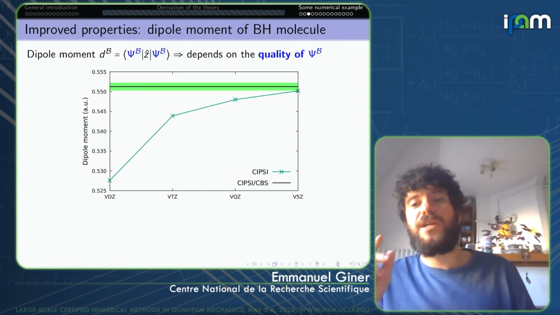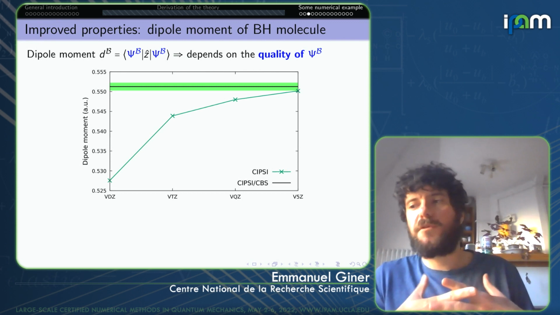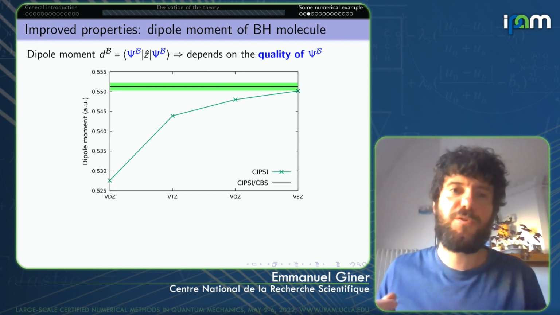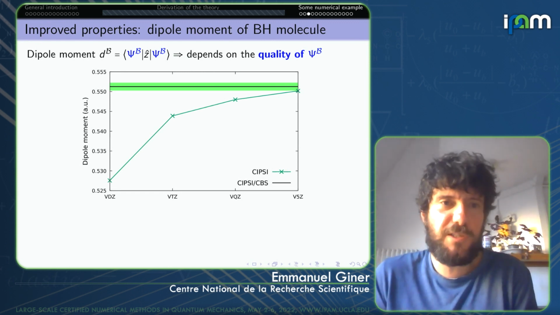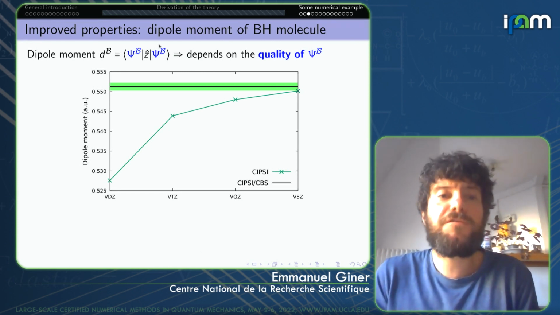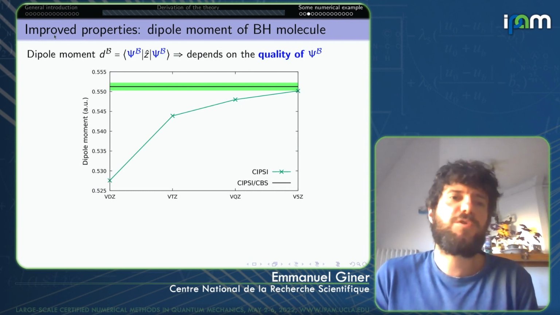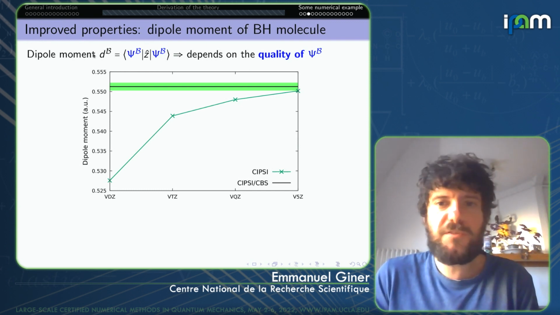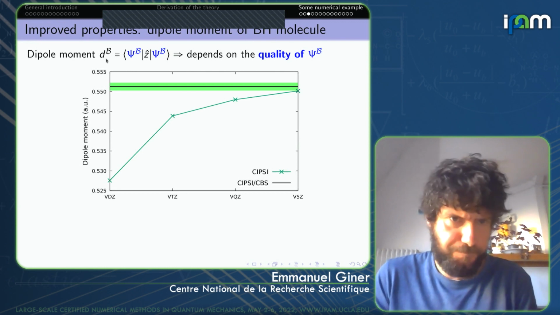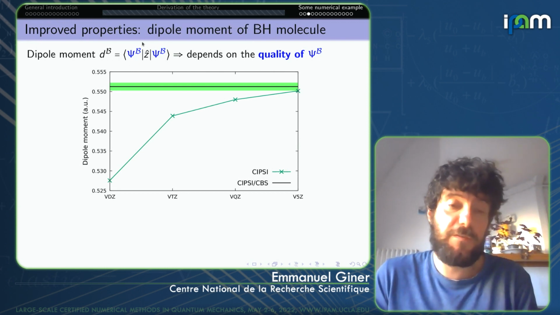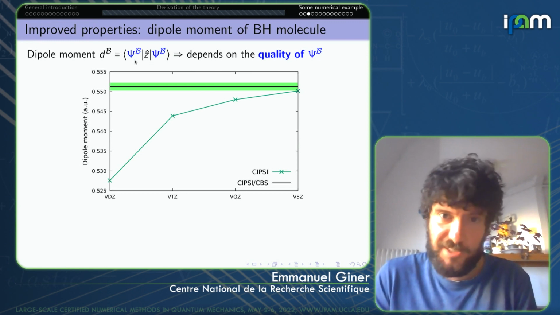Now we have been able to correct for the energy, that's good, but we also want to improve the quality of the wave function, because properties can often be expressed as an expectation value over the wave function. If I take the dipole moment of a simple molecule, BH, this is just an expectation value over a given wave function in my basis of the Z operator.